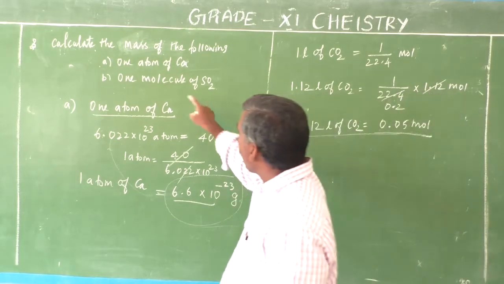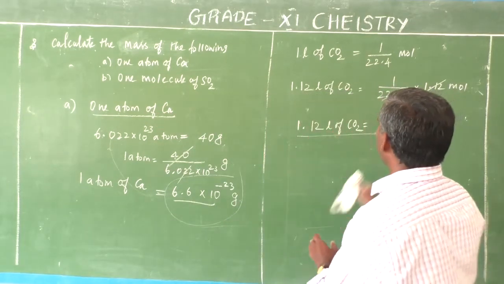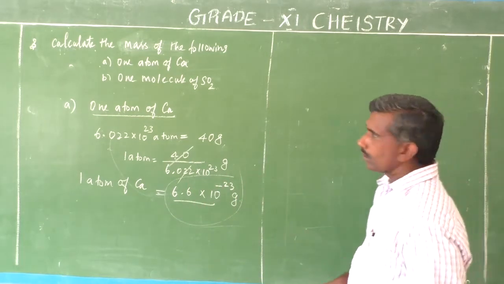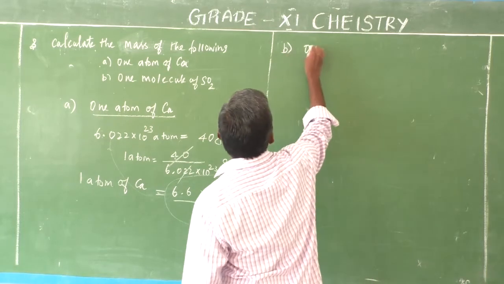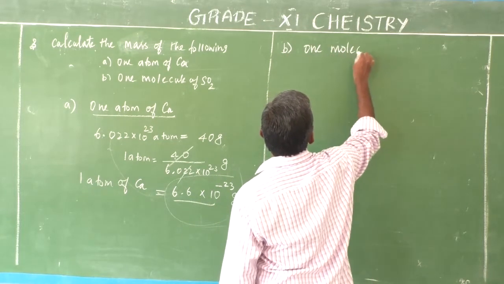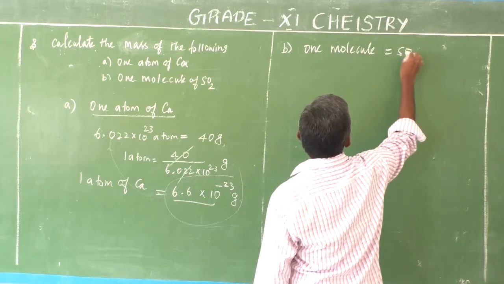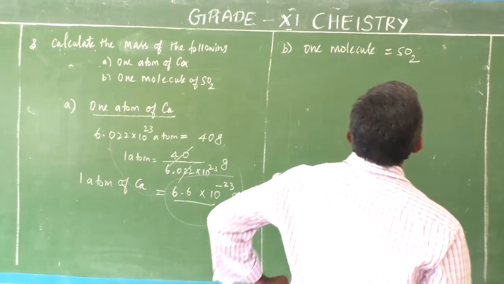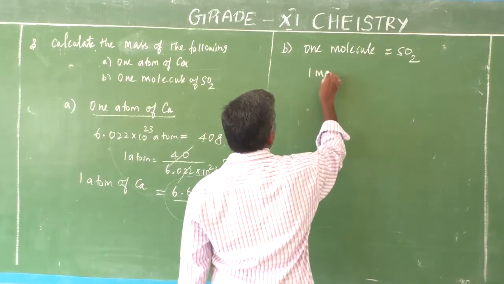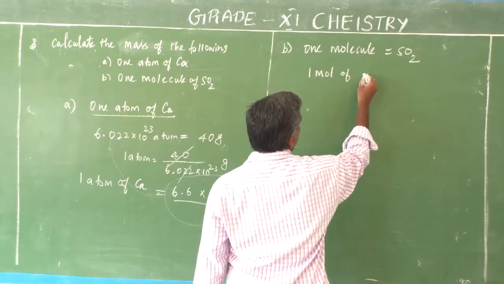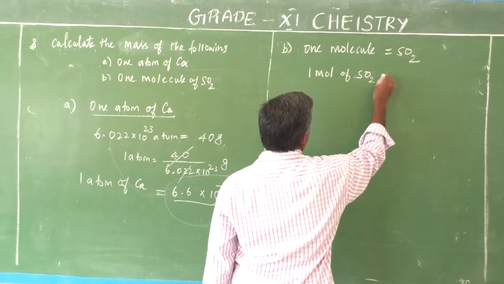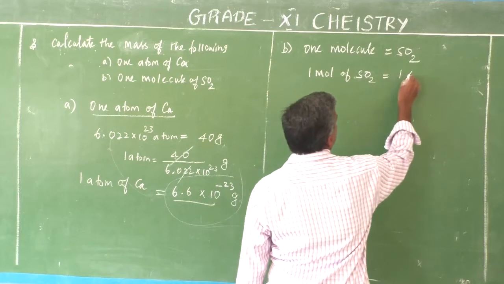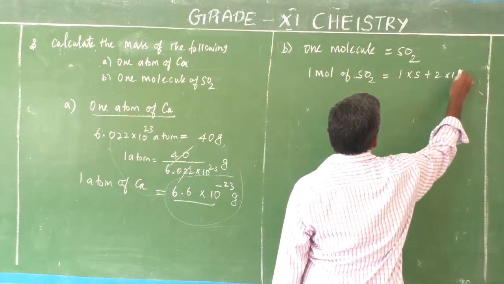Now the next question: one molecule of sulfur dioxide. What is the weight of one molecule of sulfur dioxide? You know, 1 mole of any substance is equal to its molecular mass. 1 mole of sulfur dioxide is the sum of the atomic masses: 1 sulfur plus 2 oxygen.